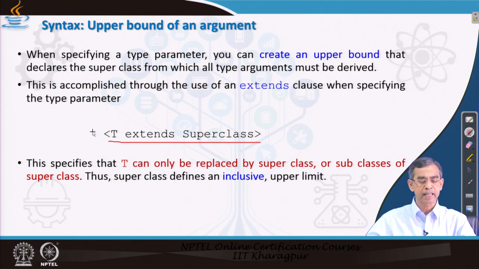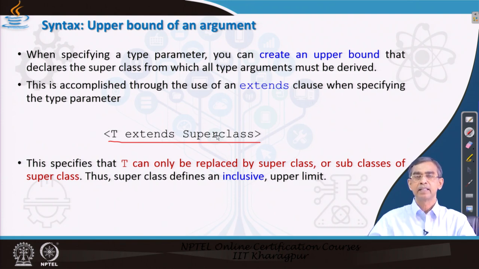So, this is the class name and T in angular brackets. But if you want to say that T has its upper bound belonging to a particular class, then we can use this symbol. For example, GenericArray<T extends Number>.